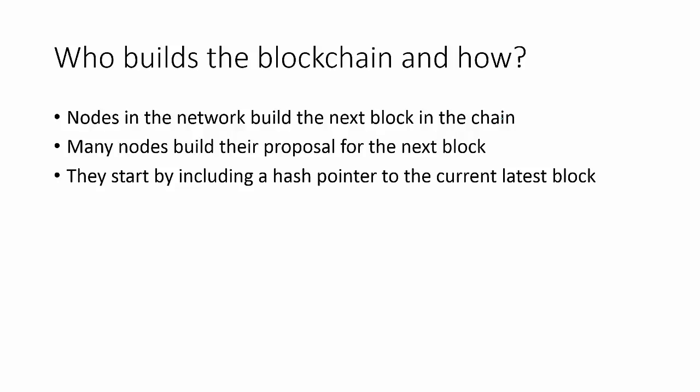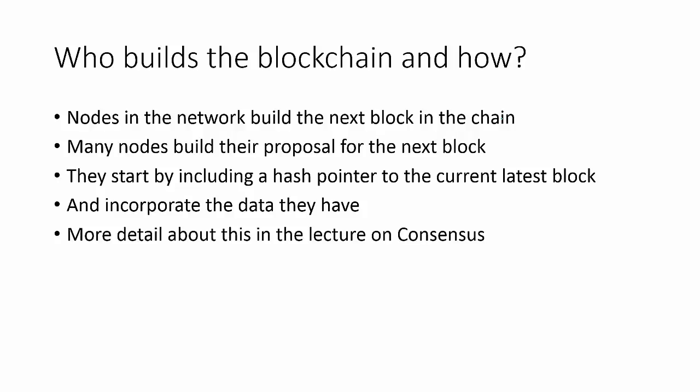This is needed to continue the chain in the right way. Every node incorporates the information, data or transactions it has. This is not the same for all nodes, as we shall see in a later video. More detail on how the next block is selected will be shared in the video on the consensus model.